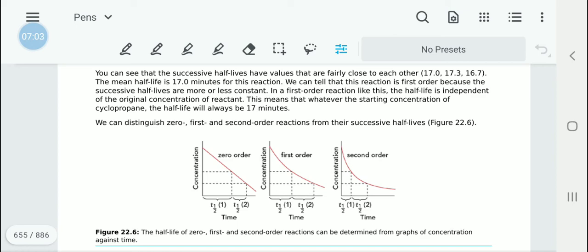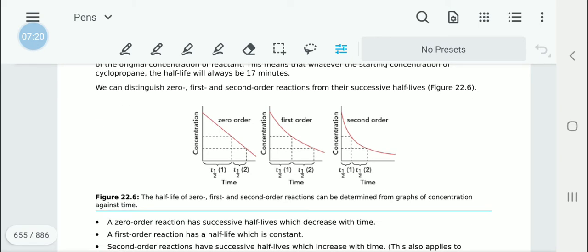If the consecutive or successive half-lives are fairly close to one another or remain constant, it is going to be a first order reaction.